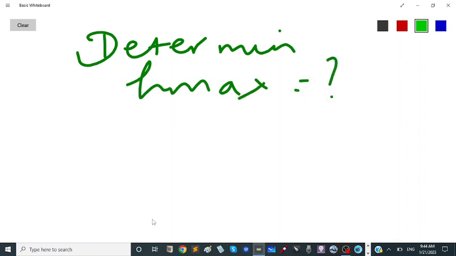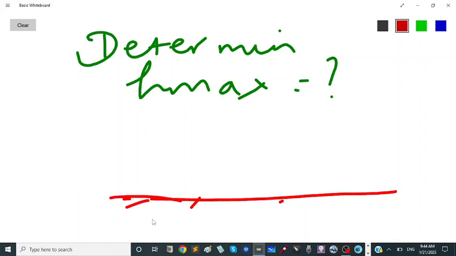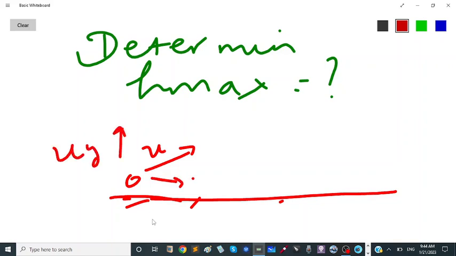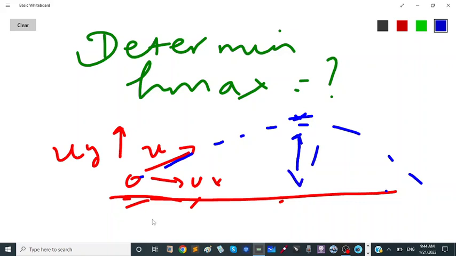Hmax means when a body is projected from your horizontal level into the air, with components Uy and Ux, when it travels through the air like this one, it will travel to some maximum height, what you call hmax.